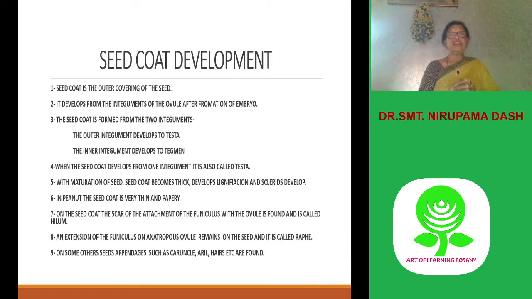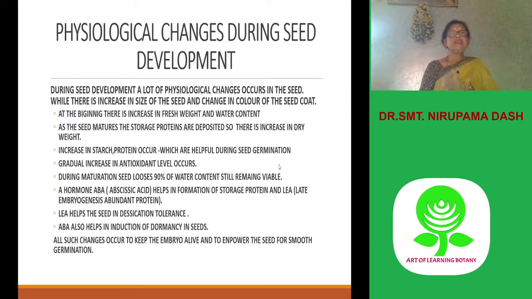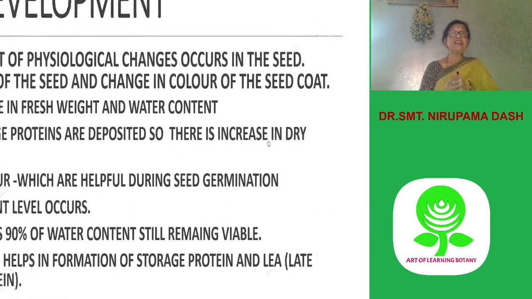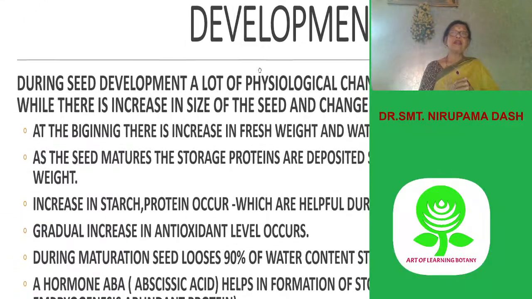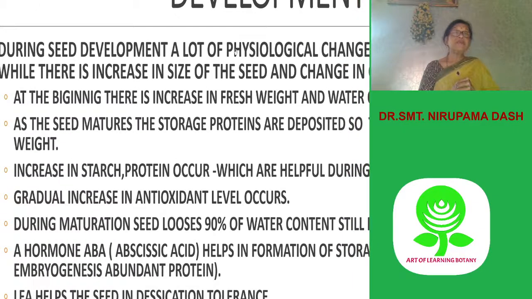So let us see the physiological changes taking place during seed development. These are very important changes through which the embryo remains viable and the seed is prepared for germination.